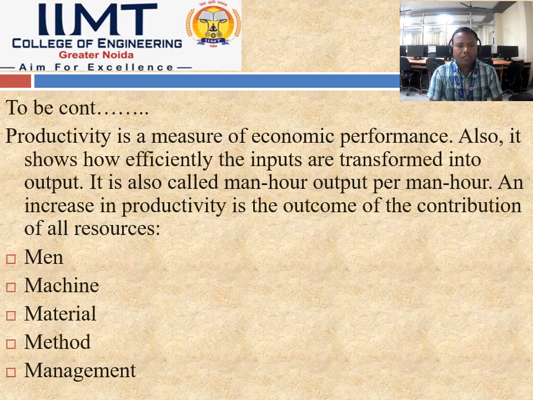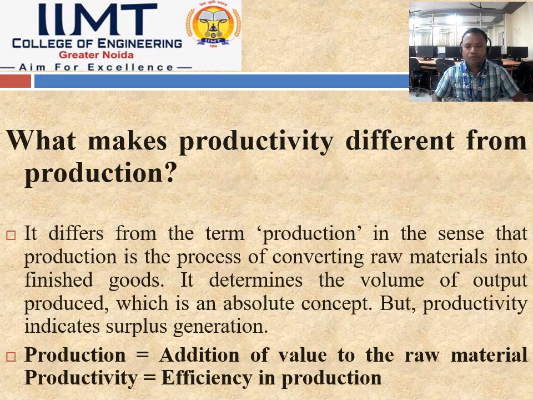If raw material is good, then finished goods are also good. Method: technologically advanced methods used to manufacture goods and services. After that, management. Management plays an important role in increasing productivity. What makes productivity different from production?